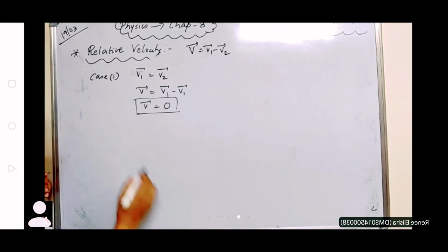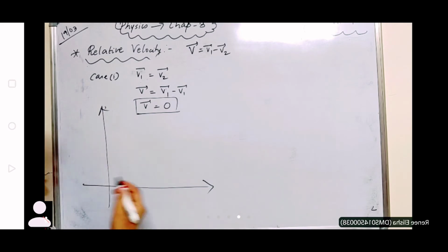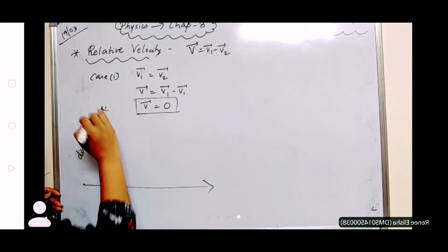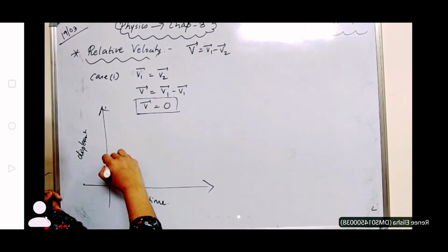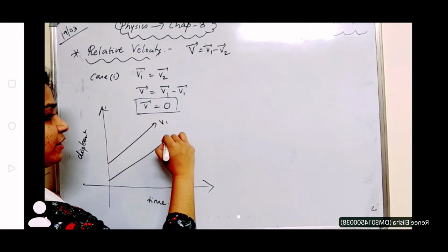So if I'm plotting a graph between displacement versus time taken, suppose I have two systems, 2 cars, one going with velocity v1 and the other with velocity v2.